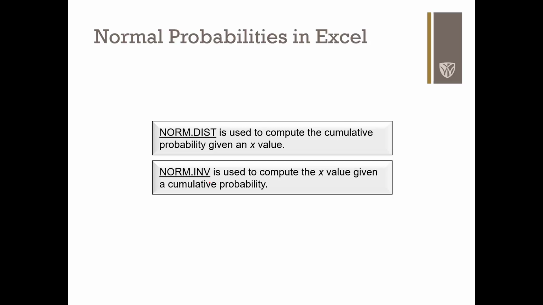So it saves us just a little bit of work. We don't have to compute that z-score in order to find the probability. And for the norm.inv function that computes those percentiles for us, it gives us an exact percentile instead of having to interpolate or kind of use the closest possible value in that table. It allows us to put in the value of 0.9 exactly and find the exact x value that corresponds to a 90% probability.